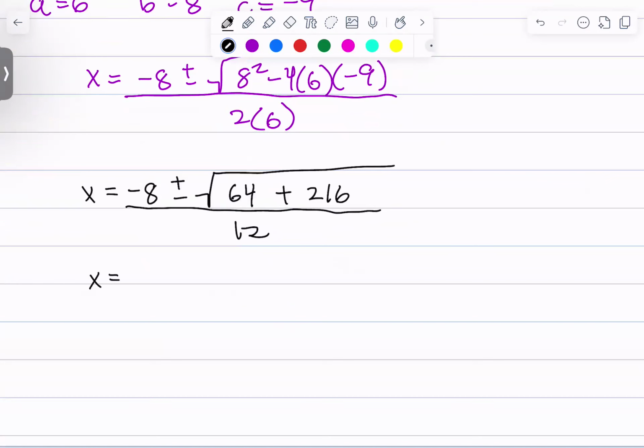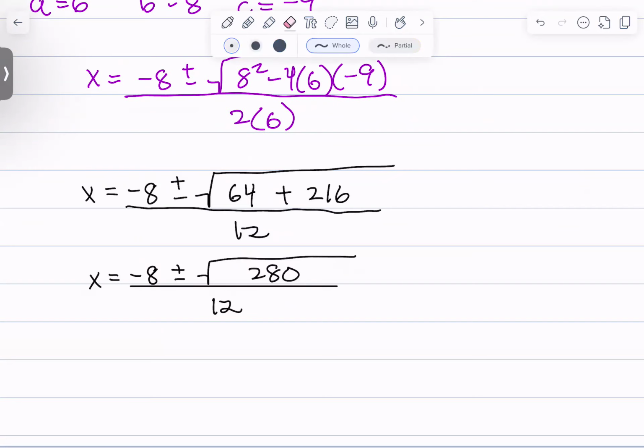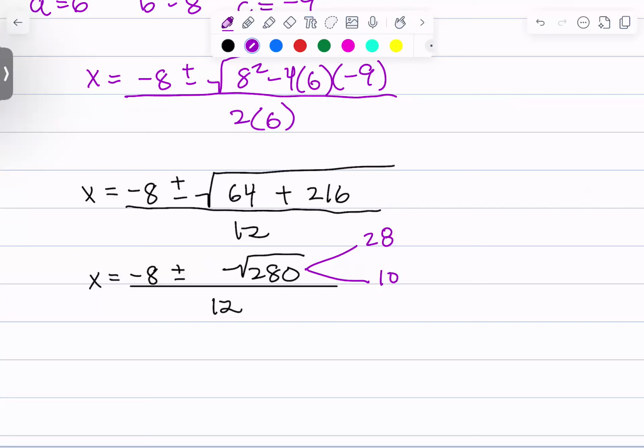So x is going to equal negative 8 plus or minus the square root of 280 all over 12. And I'm going to take some time to factor out 280. That's 28 and 10. Okay, that's the easiest way to do it, right? 28 is 7 and 4. 10 is 2 and 5.